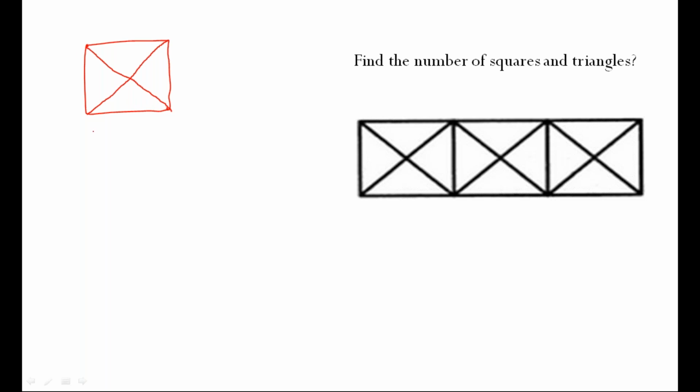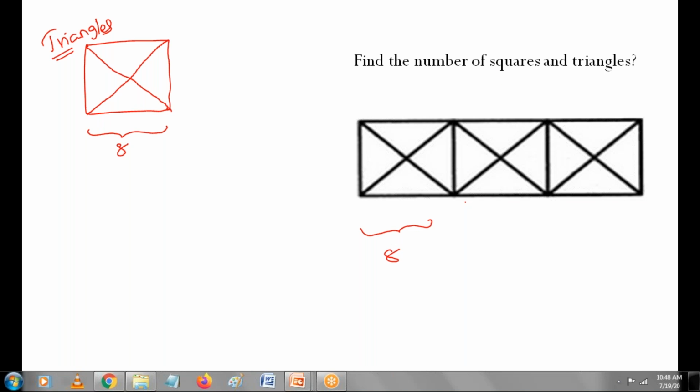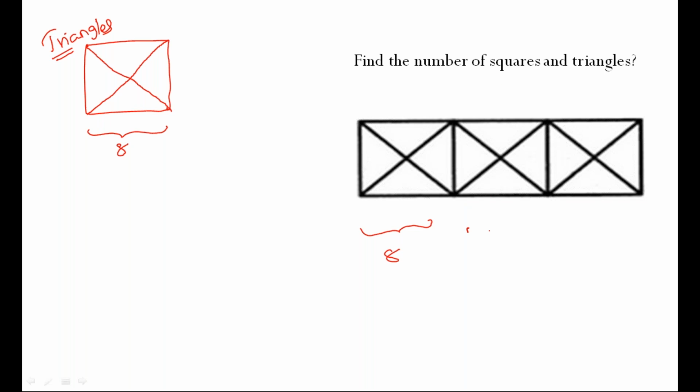Here we know for this one it is 8. I'm just trying to calculate the triangles first, later I'll go for the squares as well. Here 8 triangles. A lot of you are answering now but your answers are wrong. 24 is wrong, guys. Okay, 24, because of first one 8, second one 8, third one 8.